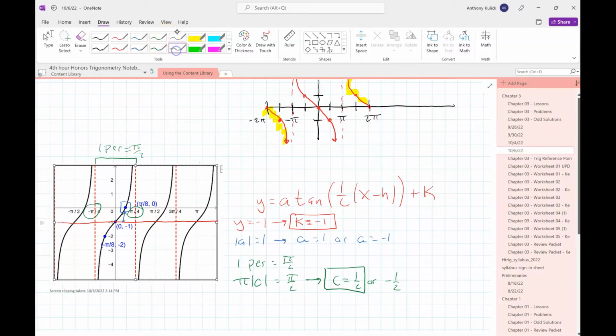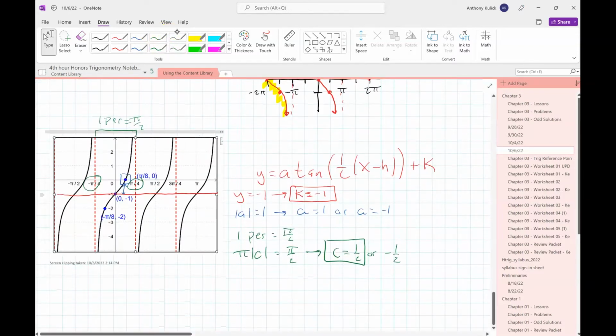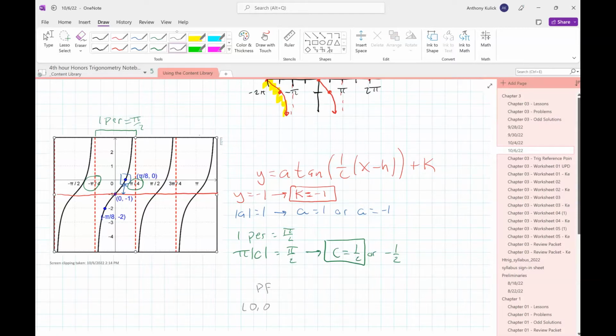All right. The last step, we need to figure out the sign on A and the value for h. We do this the exact same way we did before. So which point from the parent function do you suppose I'm going to choose? 0, 0. And we're going to map that up to the point on my resultant function, which is 0, negative 1.